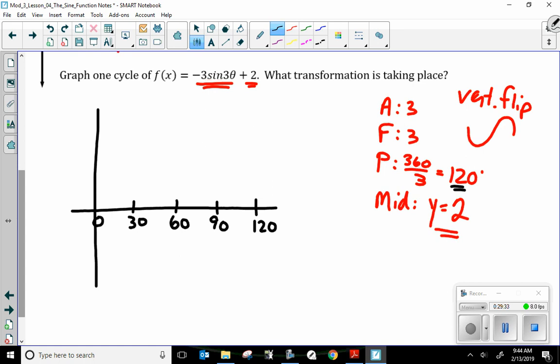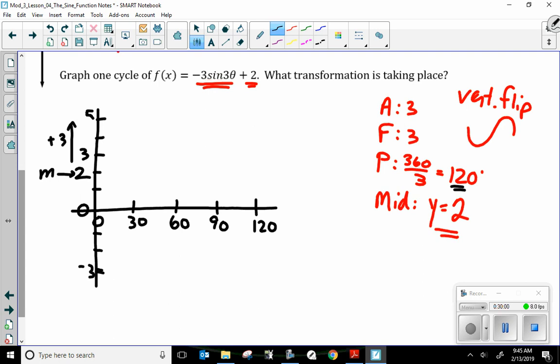Here's 0 degrees. Now, normally, I would go 1, 2, 3, and -1, -2, -3. But keep in mind, my midline, or middle, is now at 2. This is my midline, which means if my amplitude is 3, I need to go up 3 from 2.